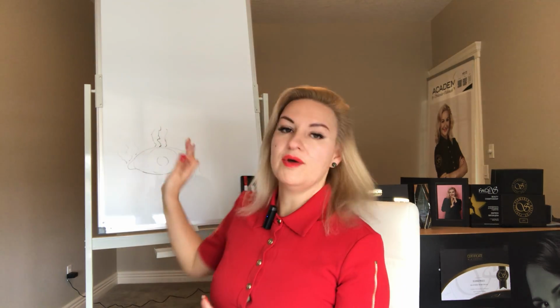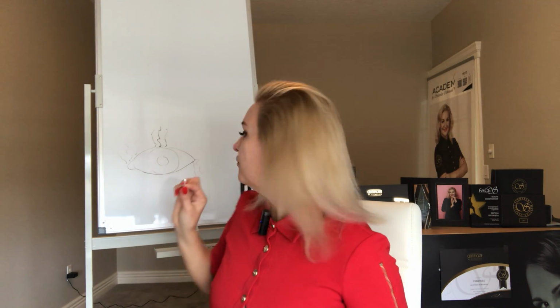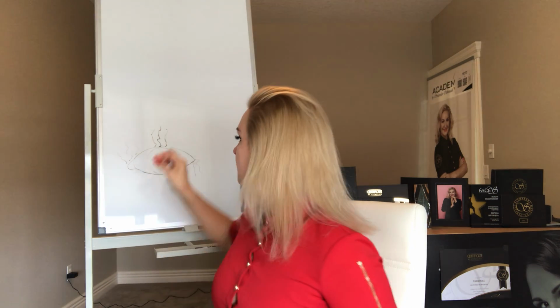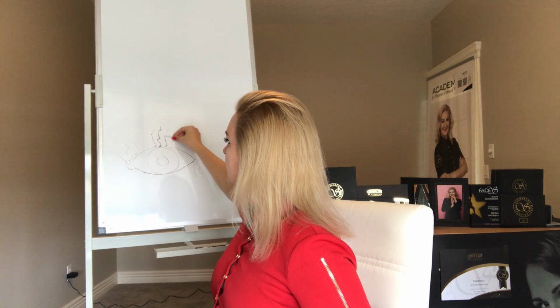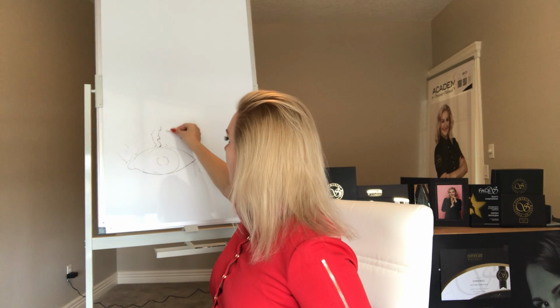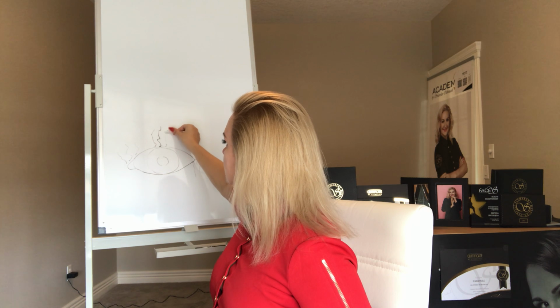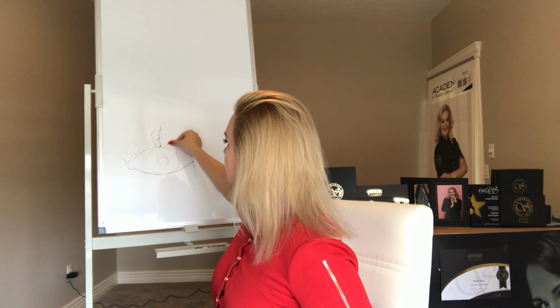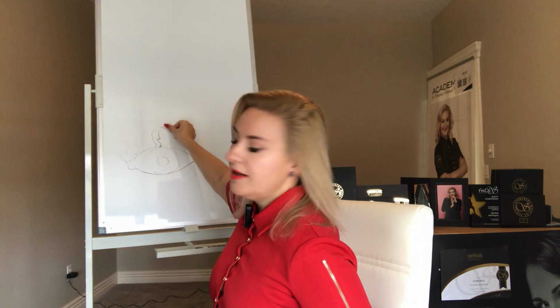When you are working with the client and you can see you have color migration, what you should do is take just Q-tips and roll down all this pigment that you have on the vessels, and push it down.